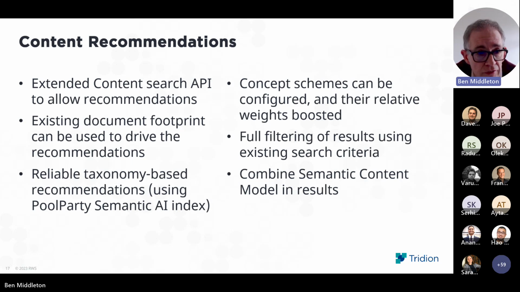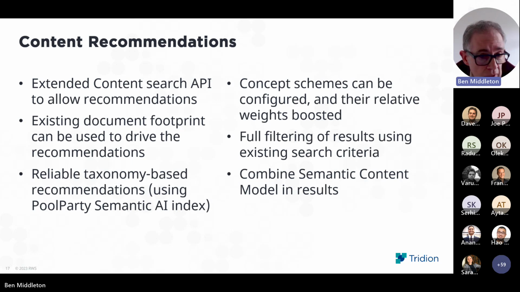Then it will use that footprint to determine other content based on term frequency matching on other documents that have that same or similar footprint, again based upon those tags applied to that content. So this will only work on tagged content. It won't work on content that hasn't been tagged. That's why we're using the whole taxonomy space with PoolParty backing that up.